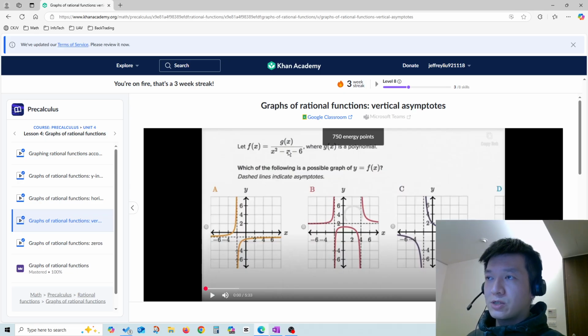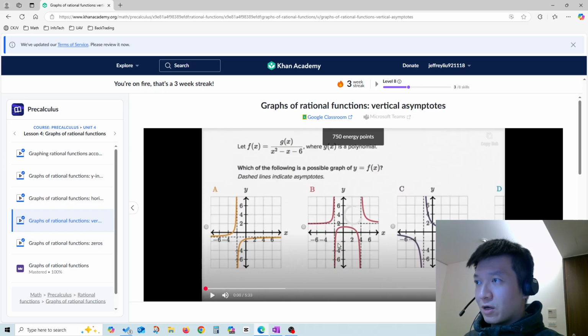But this f of x is in fact a rational function, and it is asking you to draw out the most possible one. So if you factor this, this will become x minus 3 and x plus 2, right? So we have two possible vertical asymptotes because they are in the denominator, all right?